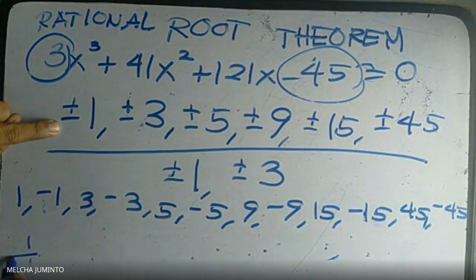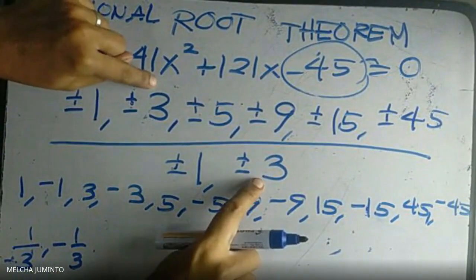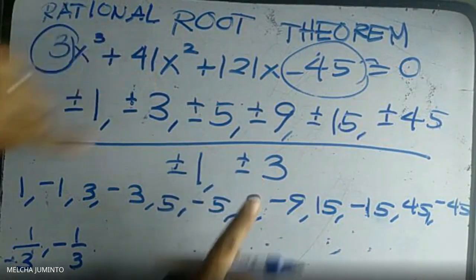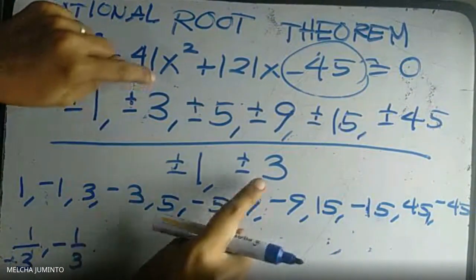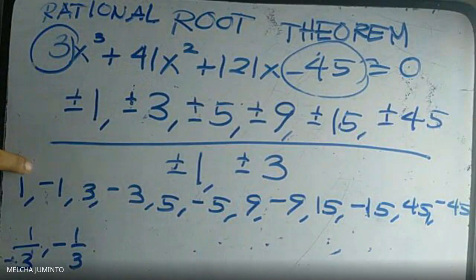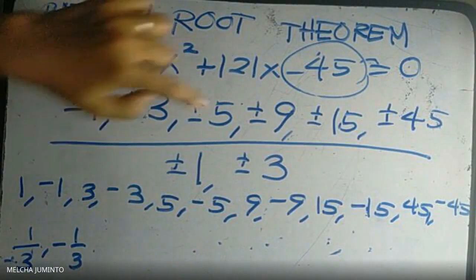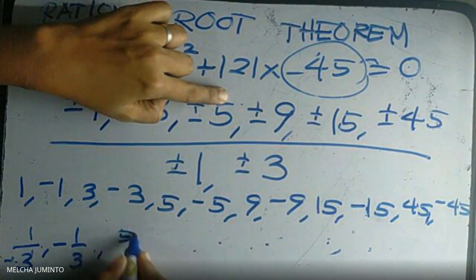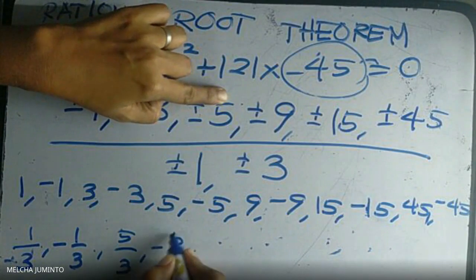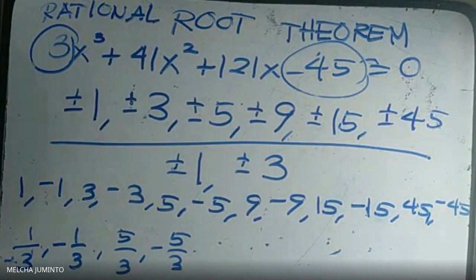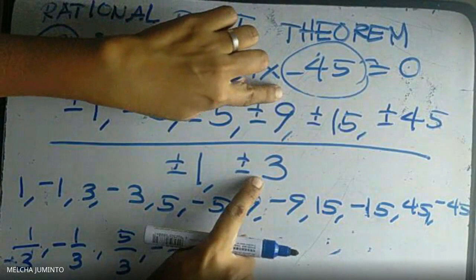So 1 over 3, negative 1 over 3. 3 over 3 is still 1, so do not repeat 3 over 3 equals 1 because we already listed that. Next, 5 over 3, negative 5 over 3. Next, 9 over 3 equals 3.